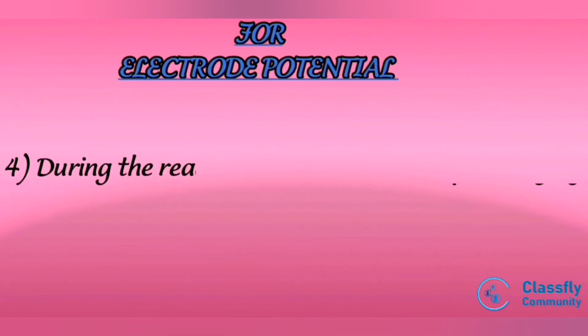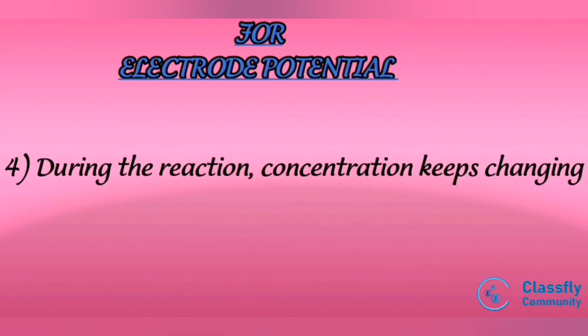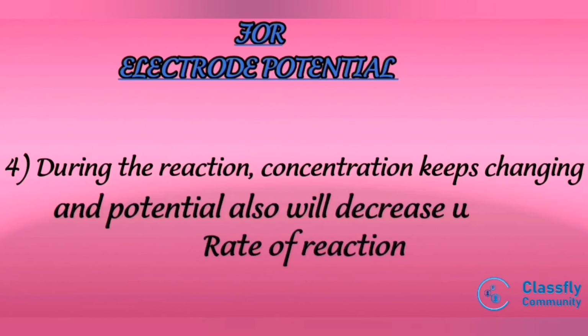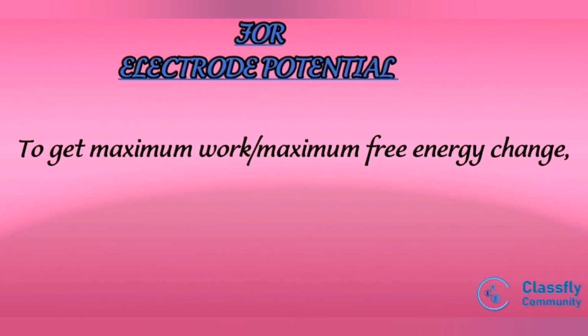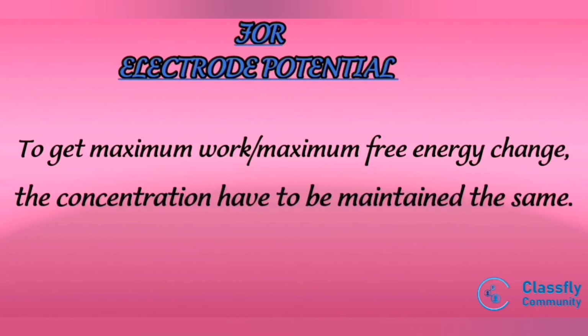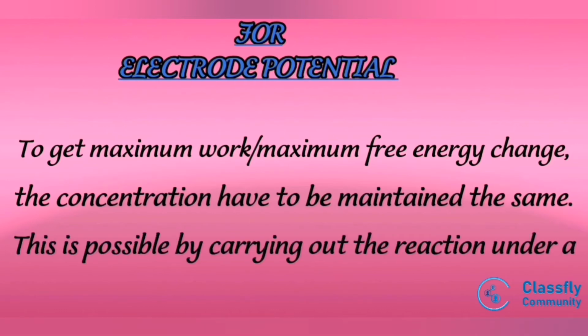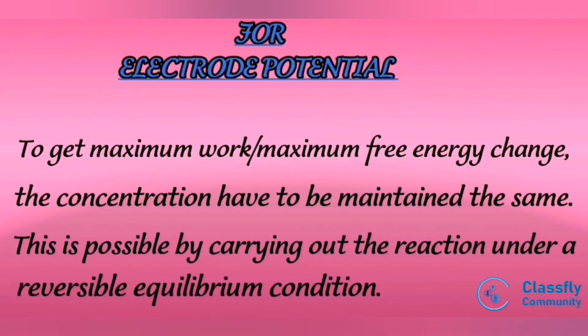Fourth step: during the reaction, concentration keeps changing and potential also will decrease with the rate of reaction. To get maximum work or maximum free energy change, the concentration has to be maintained the same. This is possible by carrying out the reaction under reversible equilibrium condition.